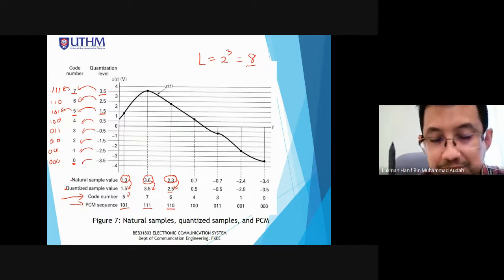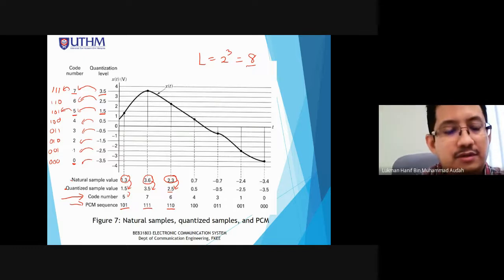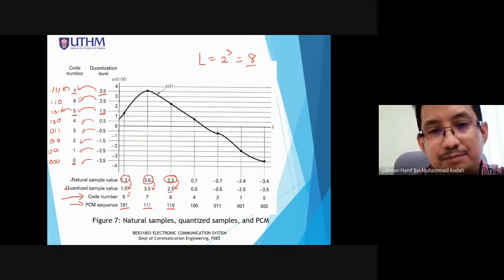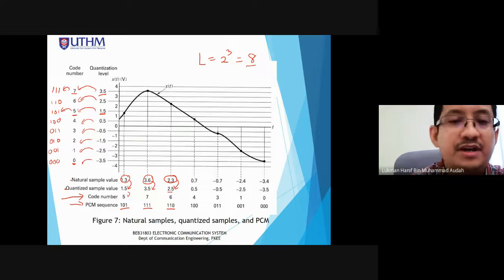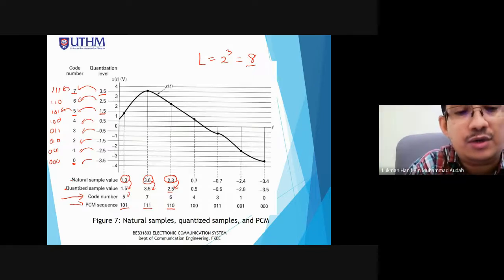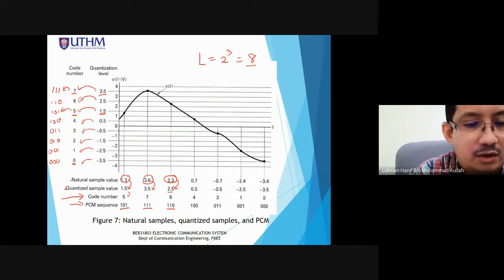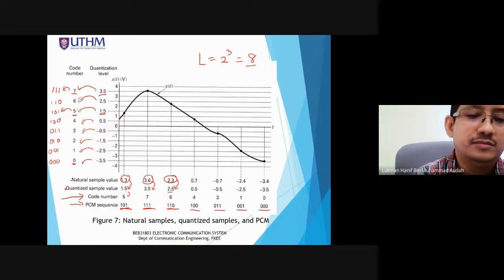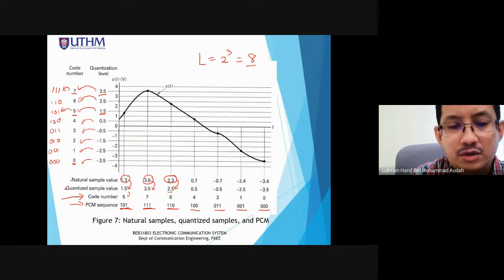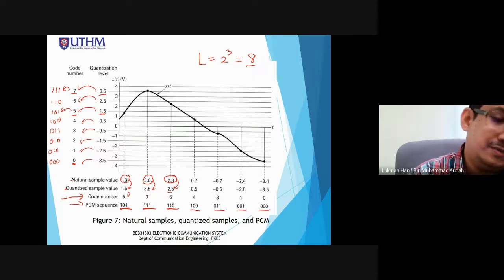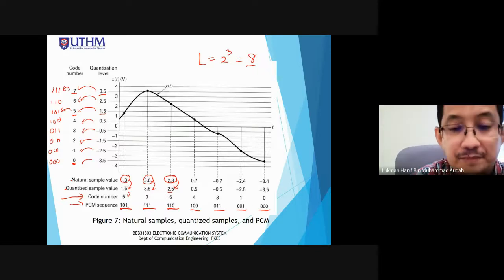Dan seterusnya. Maknanya, okay, hasil yang kita peroleh daripada output daripada encoder, keluaran daripada encoder adalah PCM sequence ini: 101, 111, 110, 100, 011, 001, 000. Ini semua keluaran daripada encoder.